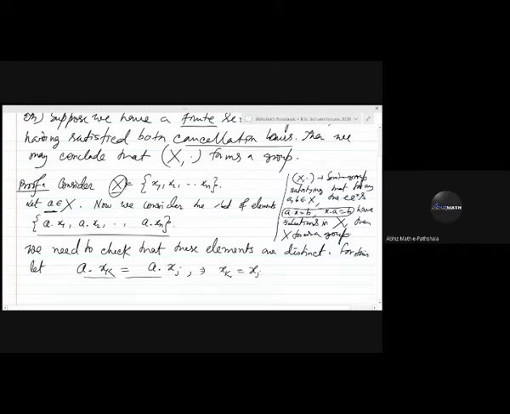So if you consider two distinct elements from X, then you will get two distinct elements of this set. That means this set has exactly n many elements.